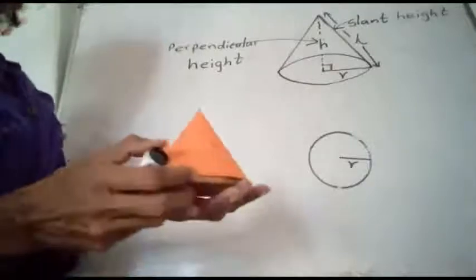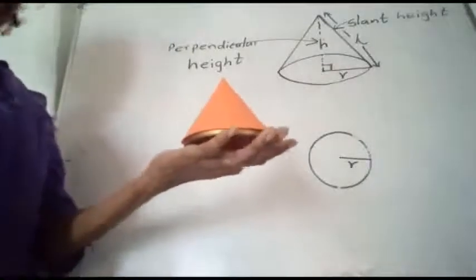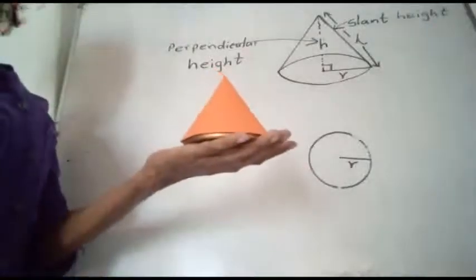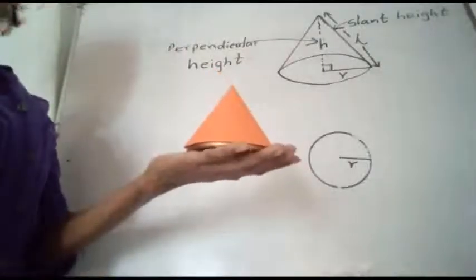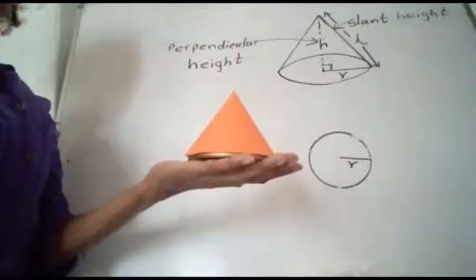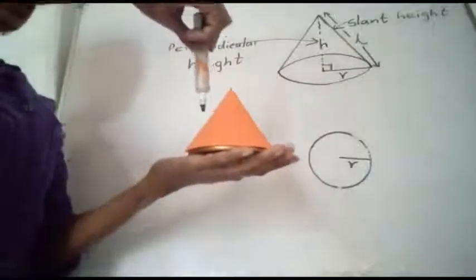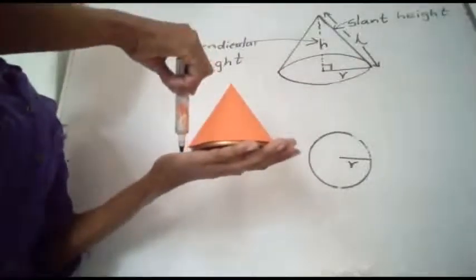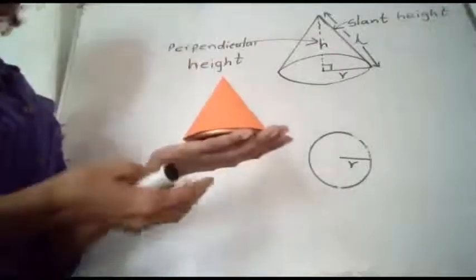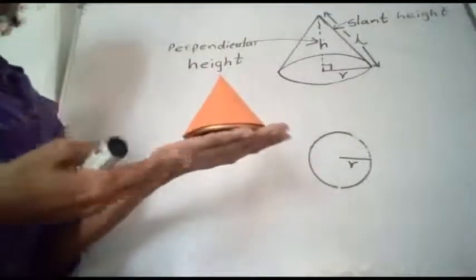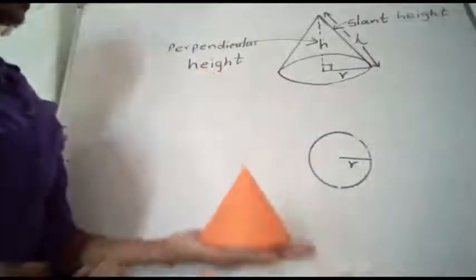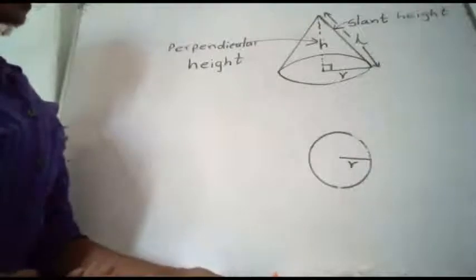For a right cone, when we place it on a horizontal plane, the angle between the perpendicular height and the horizontal surface is a right angle.